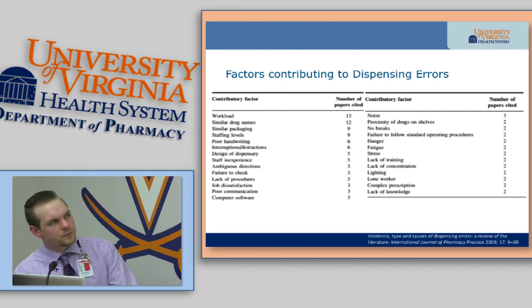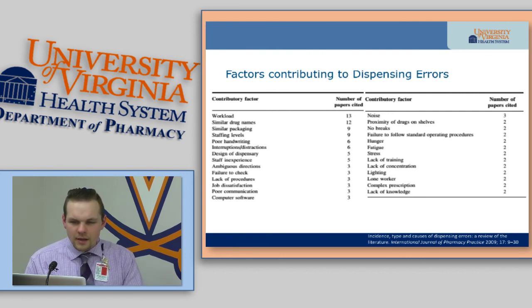And this image might be a little bit small, but the top contributory factors that were identified included an increased workload, similar drug names, similar packaging, and also inadequate levels of staff. As we get farther into this discussion, try to think about any factors that you might see in these images that can be helped to be prevented by any of the technologies that we talk about.